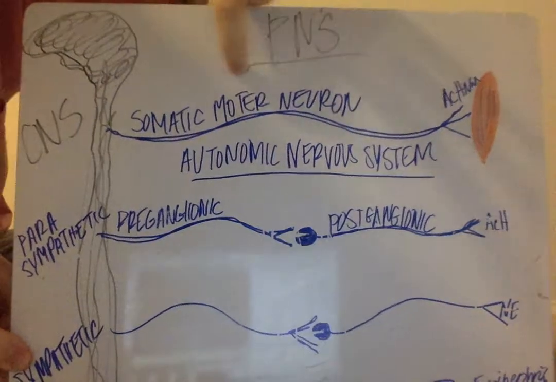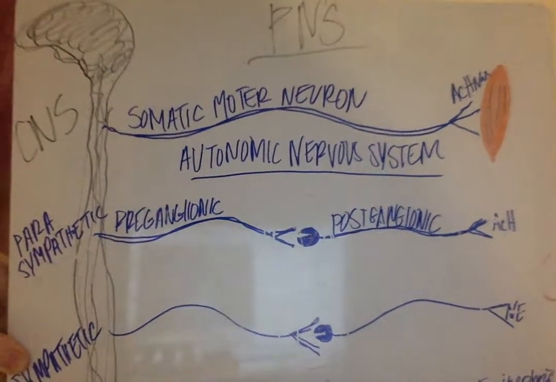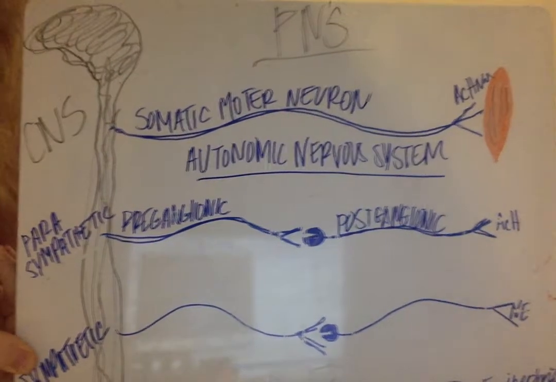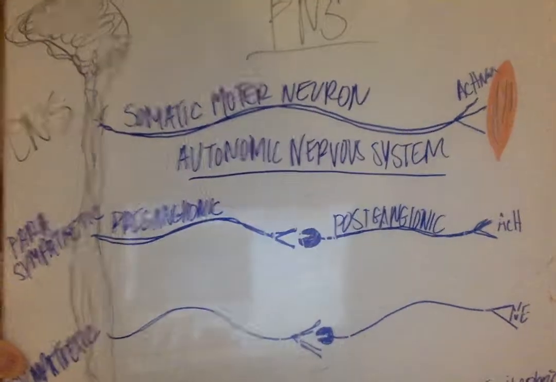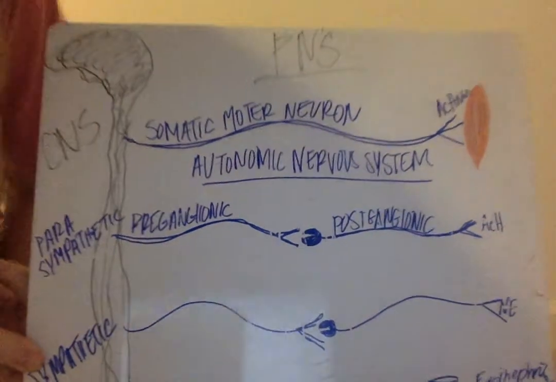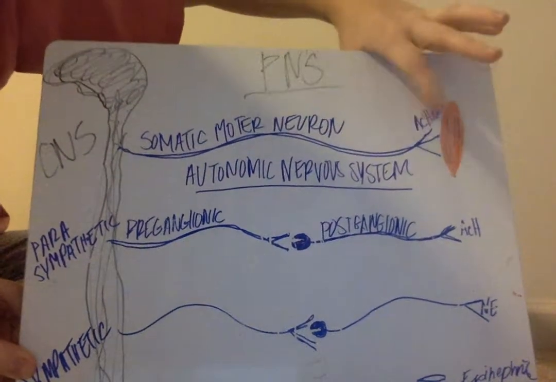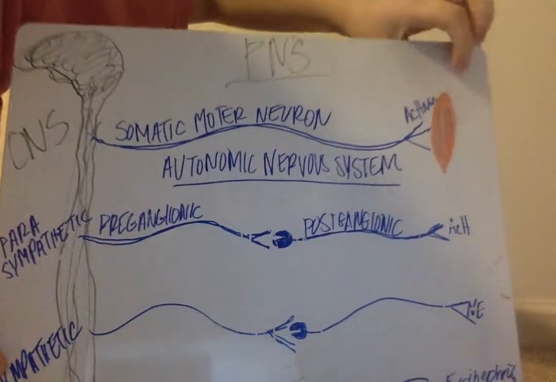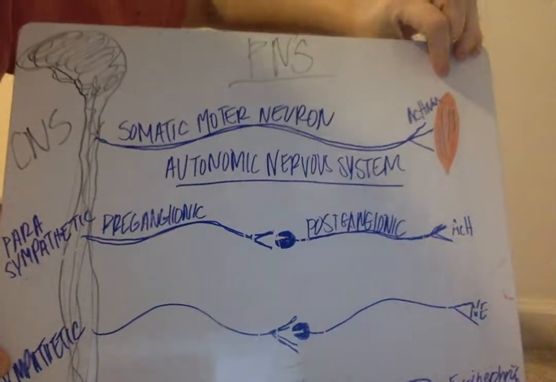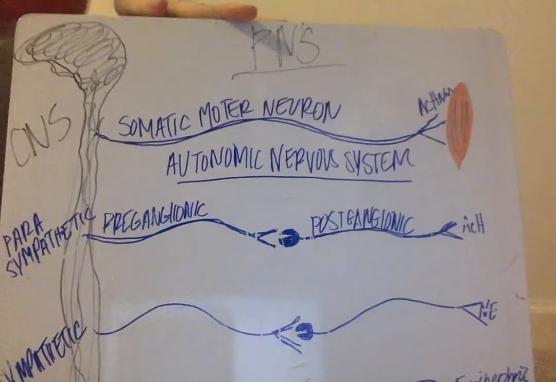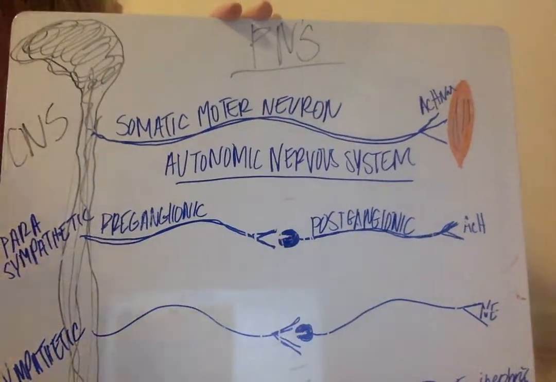The first is the somatic motor neuron. That leaves, remember, somatic is voluntary striated skeletal muscle. So the somatic motor neuron leaves, and it goes all the way to that striated voluntary skeletal muscle.